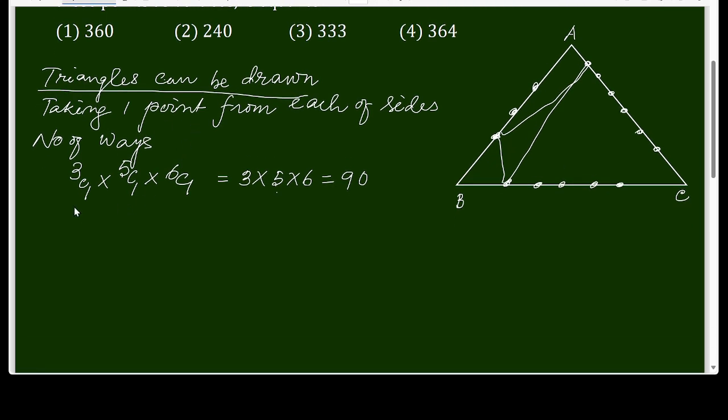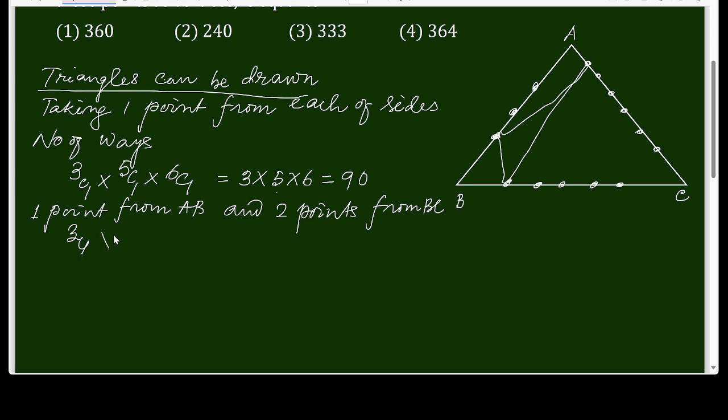Next, we are taking 1 point from AB and 2 points from BC. So it will be 3C1 into 5C2, that will be 30.